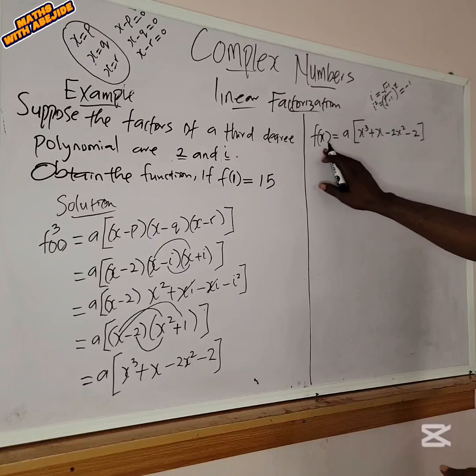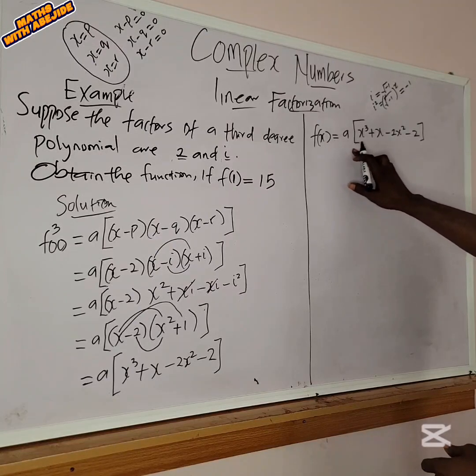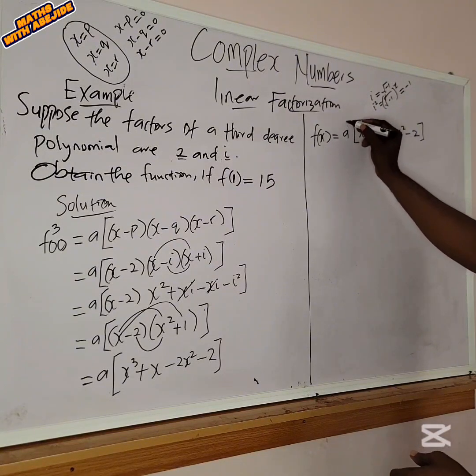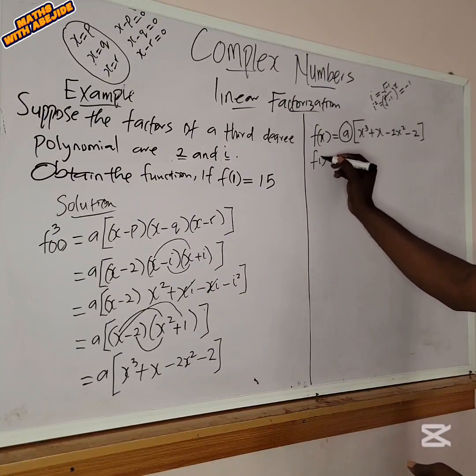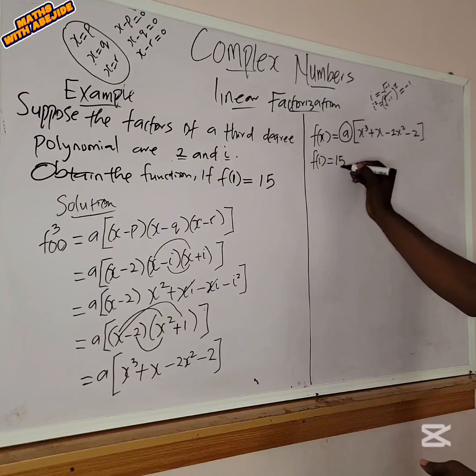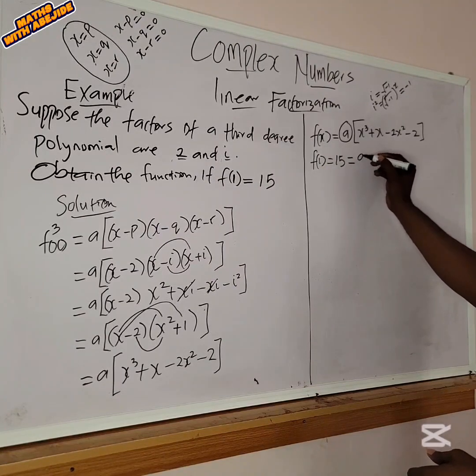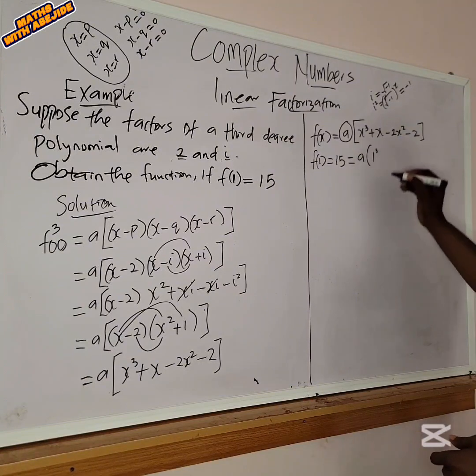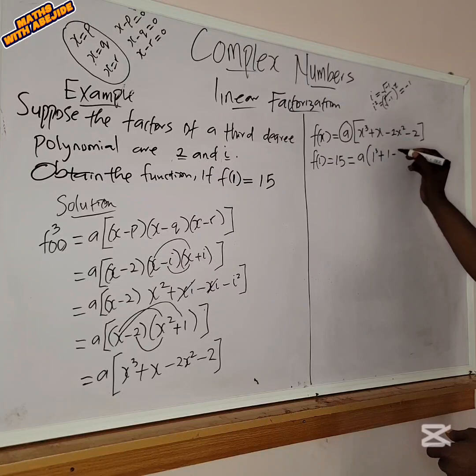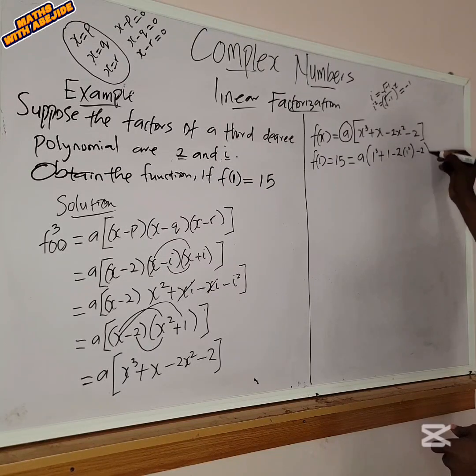Okay, in that case, we are given from the question that f of 1 equals 15. That means wherever you see x, just insert 1 so that we'll be able to know the value of this a here. So f of 1 equals 15, then equal to a, that's 1 cubed plus 1, then minus 2 times 1 squared, that's minus 2.